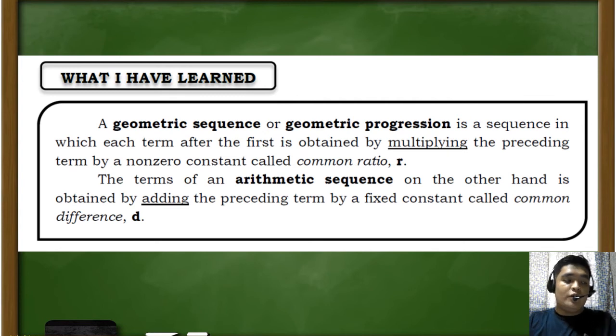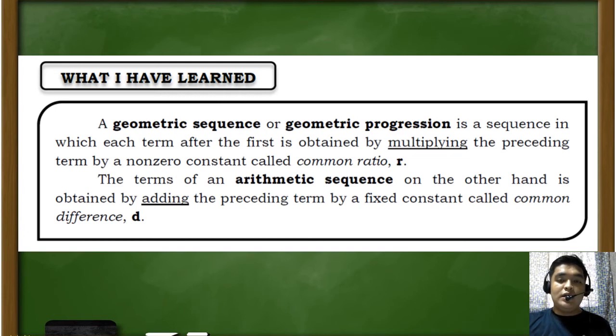A geometric sequence or a geometric progression is a sequence in which each term after the first is obtained by multiplying the preceding term by a non-zero constant called common ratio or R. The terms of an arithmetic sequence, on the other hand, is obtained by adding the preceding term by a fixed constant called the common difference or the letter D. Again, can you take note of the difference between the two sequences?